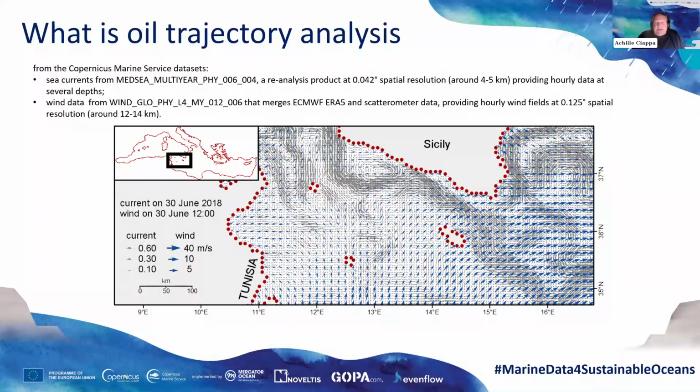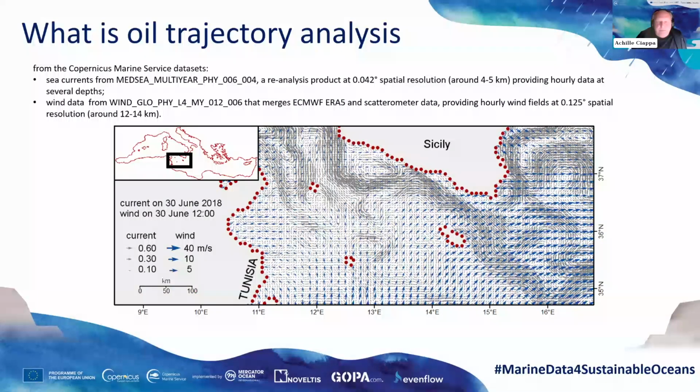Why has this concept of reverse modeling, or backward in time, not been used for 40 years? It's because this concept is very demanding in terms of the data needed. The needed data are sea currents and winds.